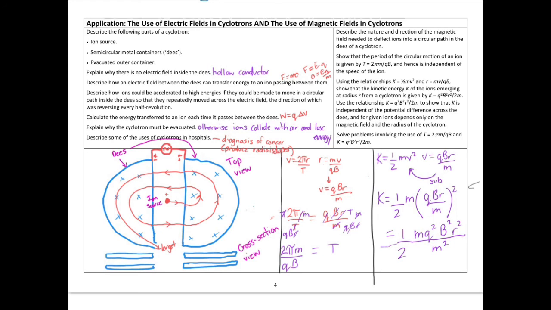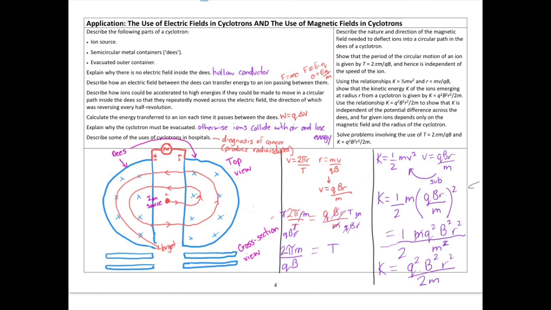So M squared is M times M, so we can cancel out an M, and we get left with K equals Q squared times B squared times R squared divided by 2M as required.